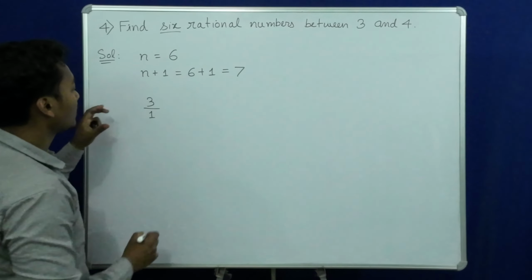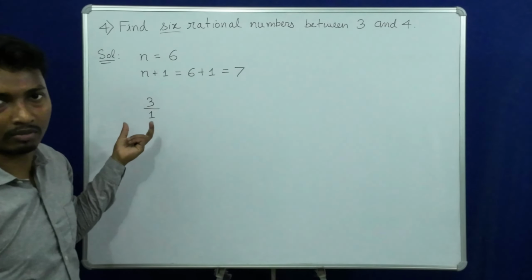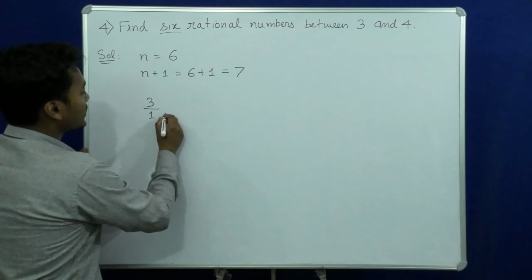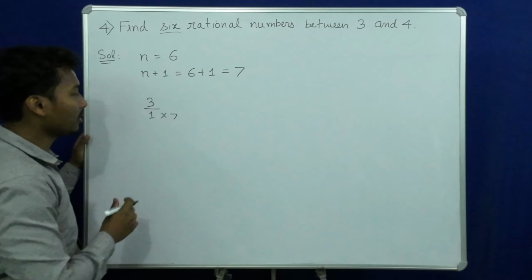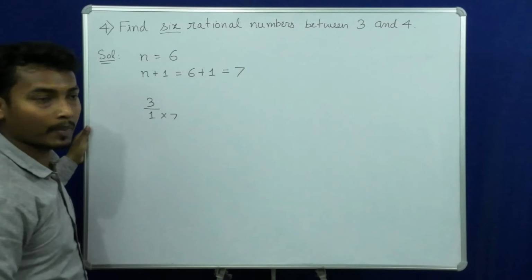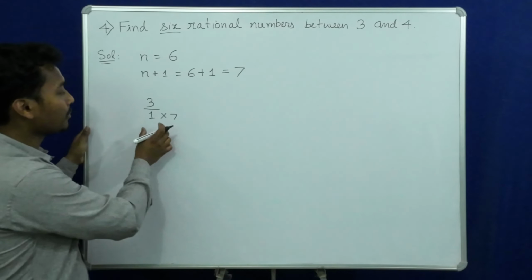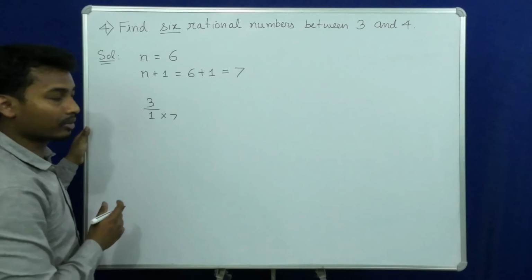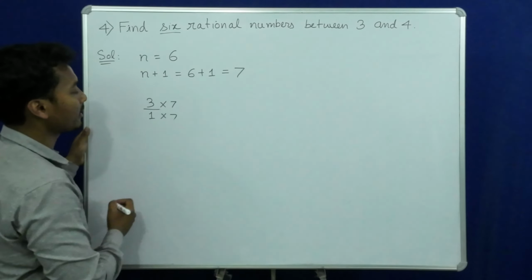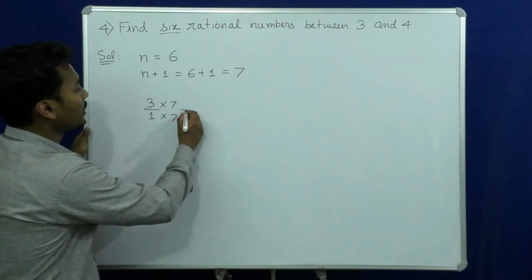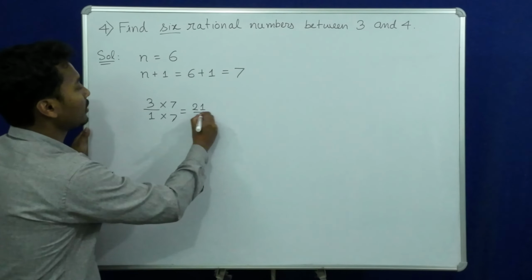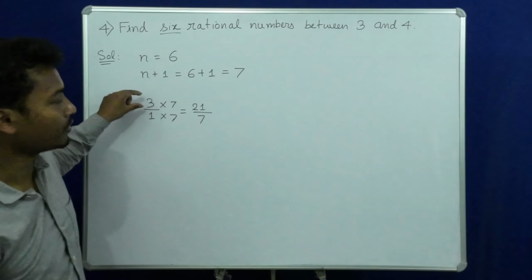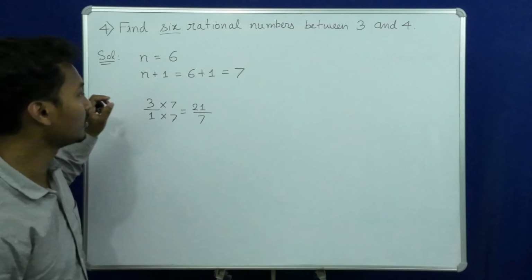So, let's take this expression as 3 by 1. Now, let's multiply this 7 to the denominator to make it 7. When we multiply something to the denominator, we know that we have to multiply the same non-zero integer to the numerator. So, multiply the numerator as well by 7. So, the result will be 7 3s are 21, 7 1s are 7. So, we have got an equivalent fraction for 3, which is 21 by 7.